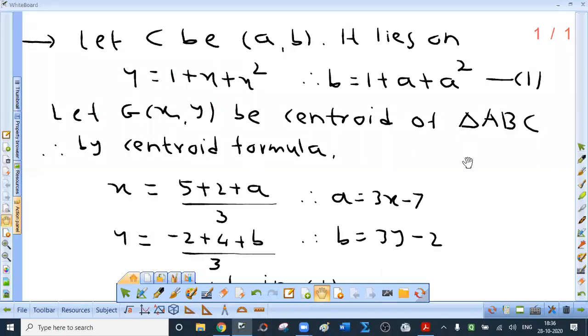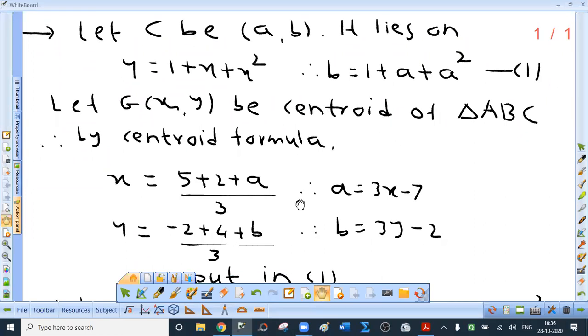Let the third vertex C be (a, b). Now it lies on which locus? y equal to 1 plus x square. So the coordinates will satisfy the equation. So I get b equal to 1 plus a square, say equation 1. Now we must express a and b in terms of x and y. For that, the condition is given that G, the point on the locus, is the centroid of the triangle.